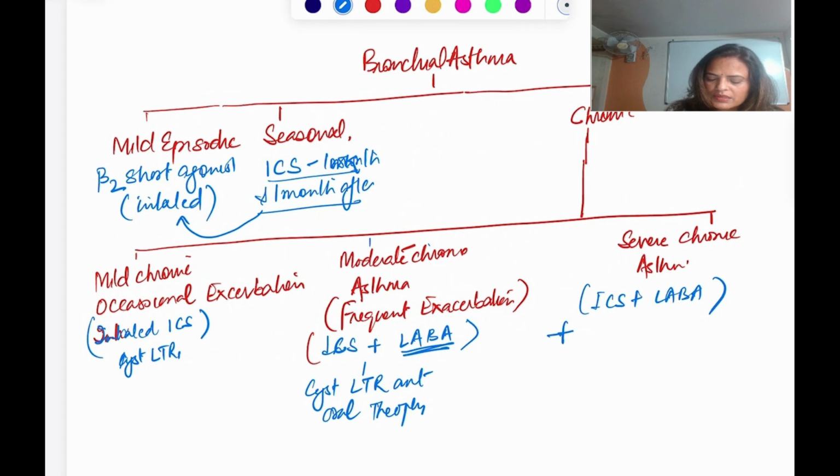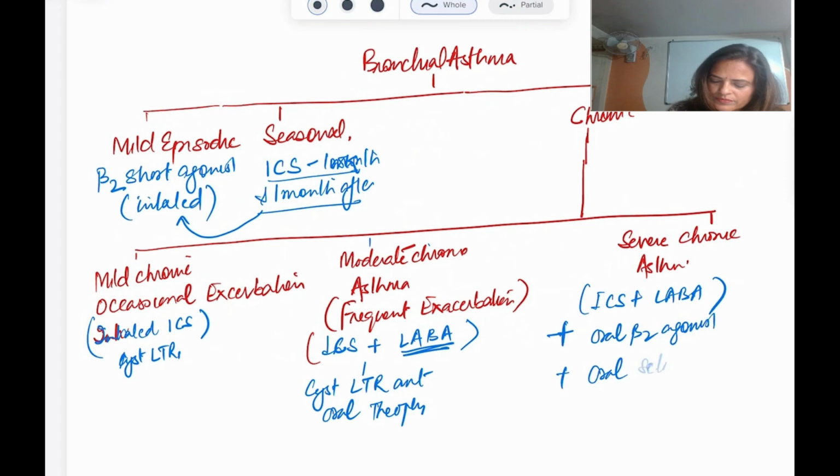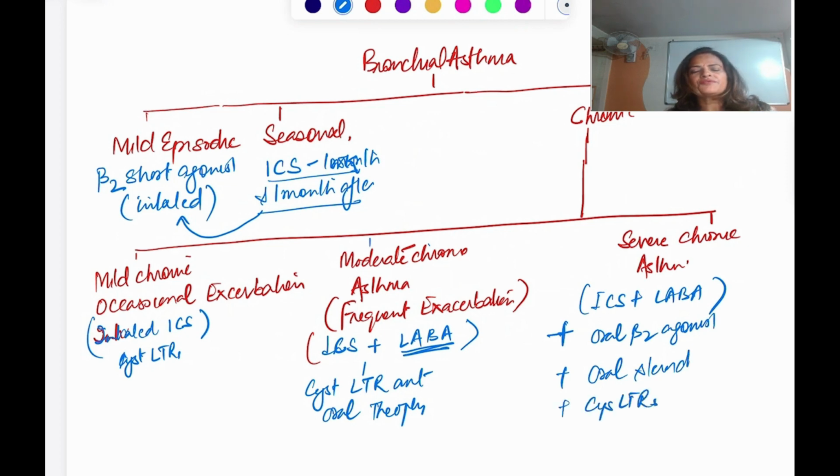Along with this we can put the patient on an oral beta 2 agonist drug, oral steroid, and then a cysteinyl leukotriene receptor antagonist. This is how we treat the patient.